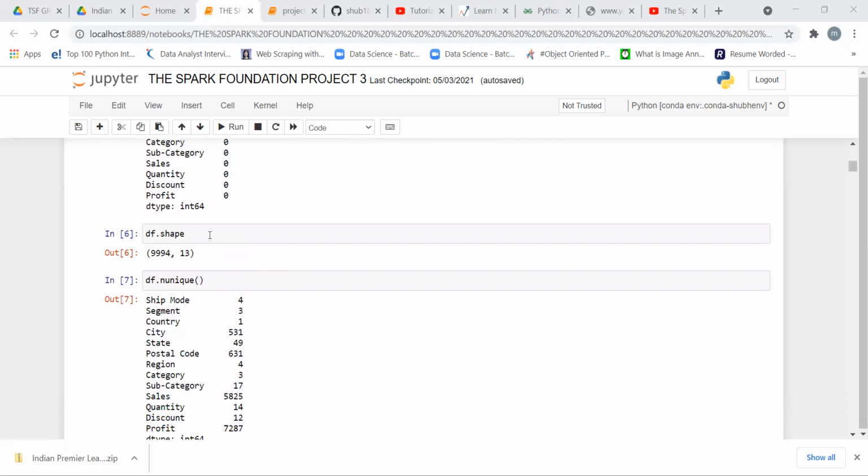Then we check the shape of the data set, which is around 10,000 rows and 13 columns.